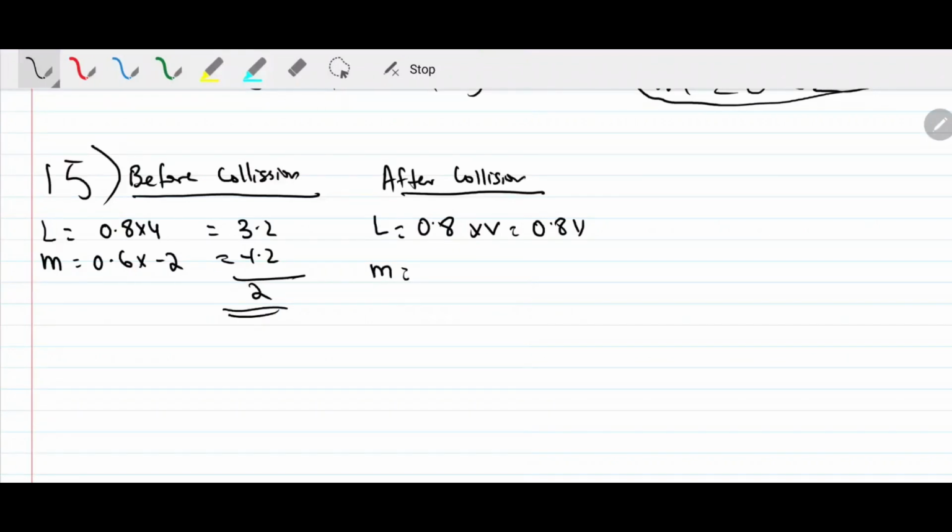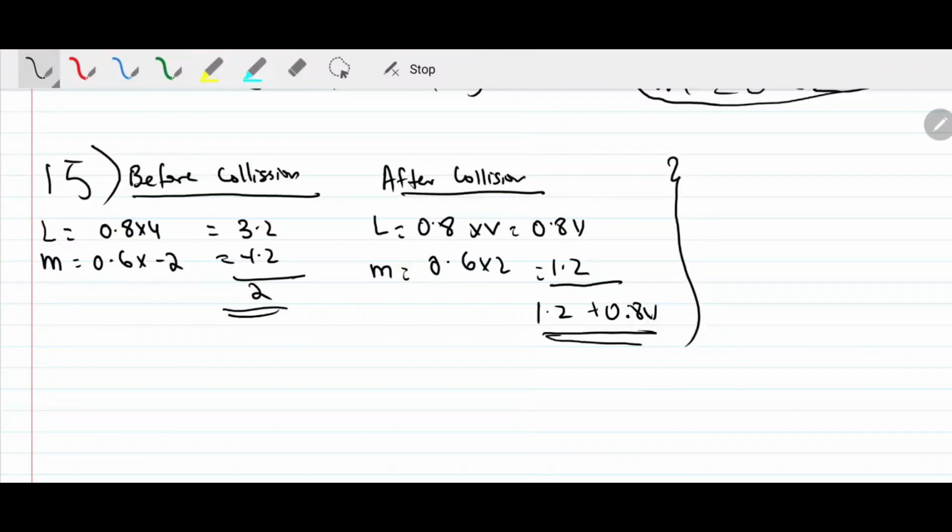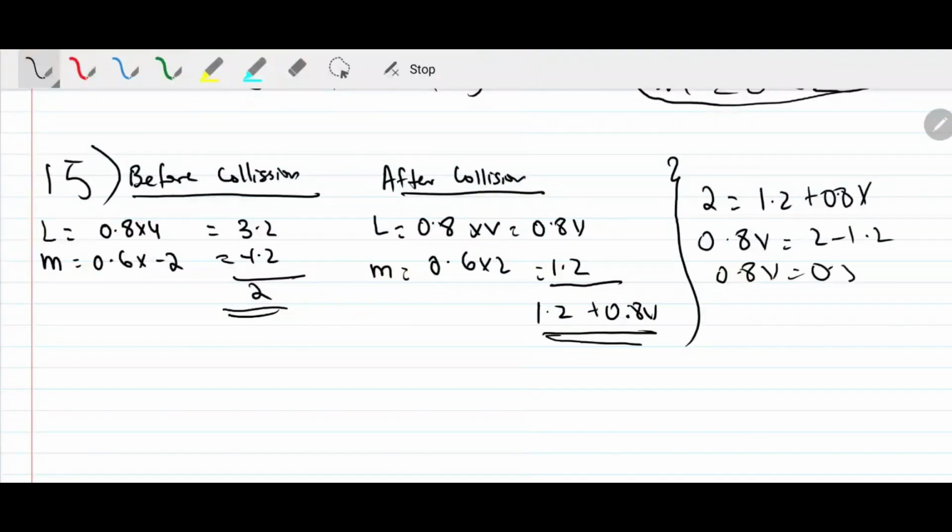M, which was moving in a negative direction, will now be moving in a positive direction. The speed remains same. So this is 0.6 into 2, that is 1.2. So this is 1.2 plus 0.8v. So 2 is equal to 1.2 plus 0.8v. 0.8v is 2 minus 1.2. 0.8v is 0.8. v is 1 meter per second.